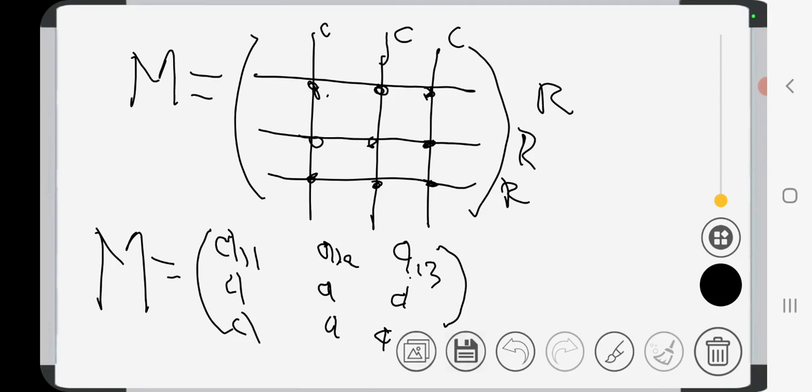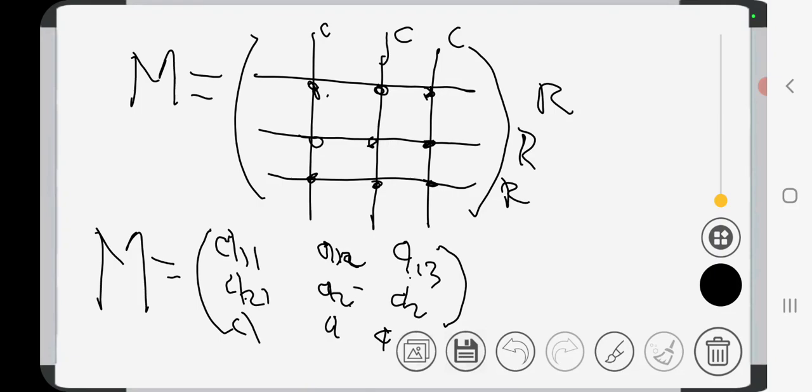So A subscript 1 1, A subscript 1 2 that I have here, and A subscript 1 3 are called the address of each of these elements. Now if I move to the next row, this will be second row. I'll write 2 2 2, and then the first element in the second row is in column 1. I'll write 1.